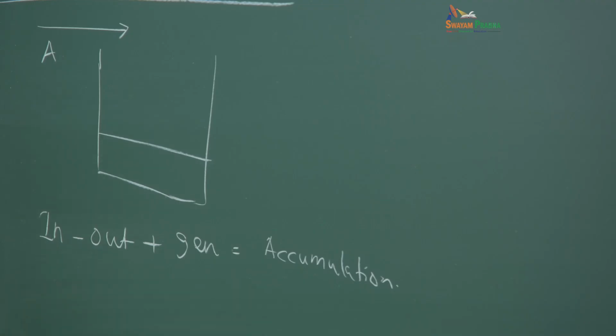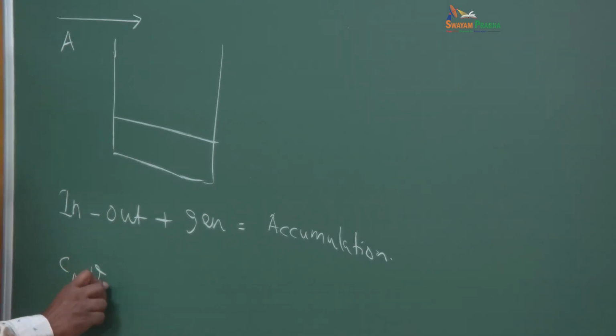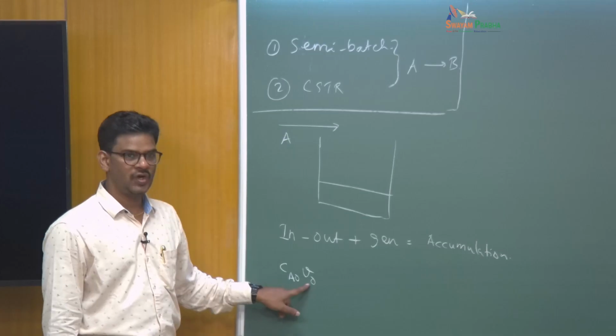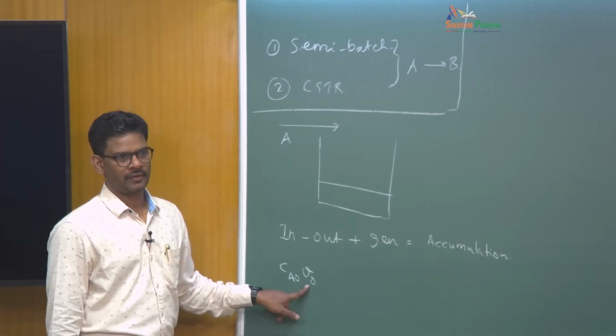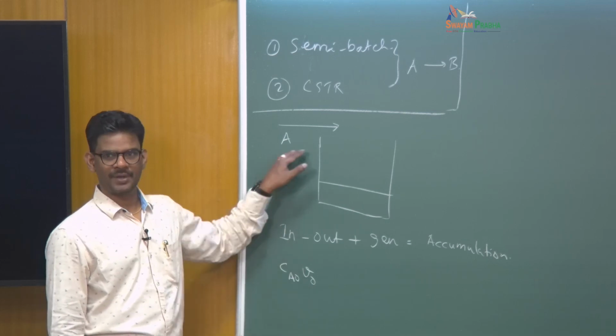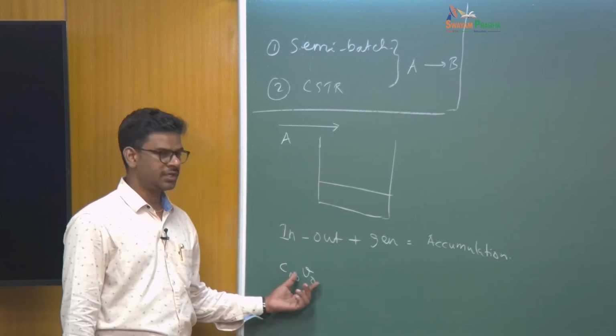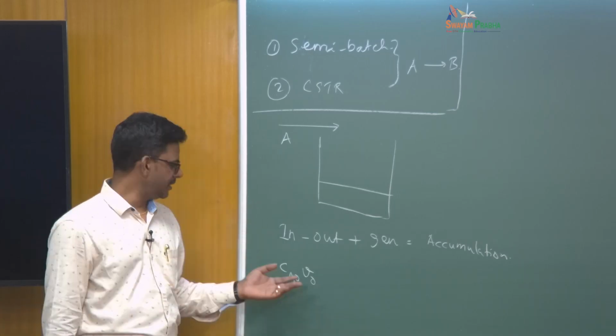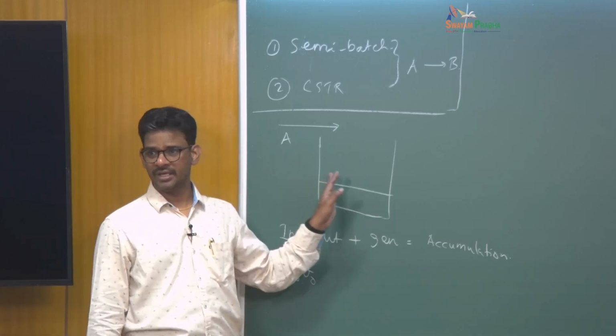In this case, what is coming in is some molecule coming in here. So we say that Ca naught into V naught. Ca naught is the concentration of reactant A in this stream, and V naught here is the volumetric flow rate of the fluid coming in. So Ca naught times V naught will tell you how many moles of A is entering the system per unit time. That's what's coming in.